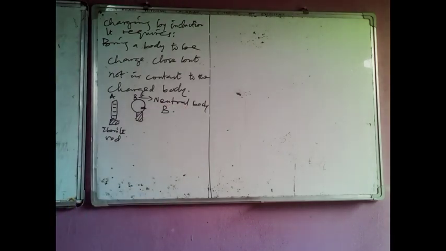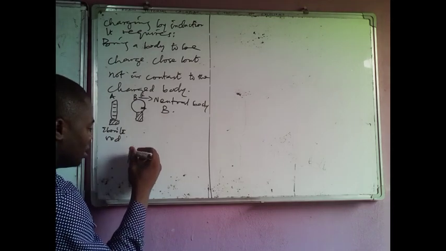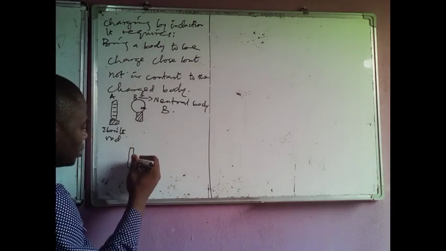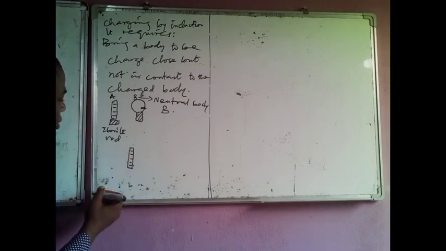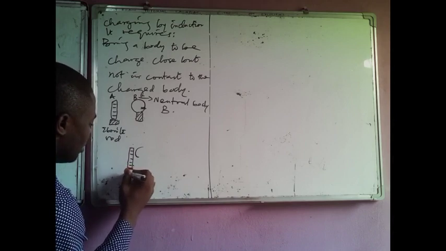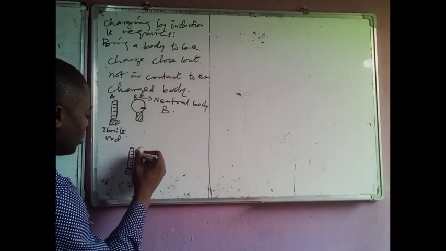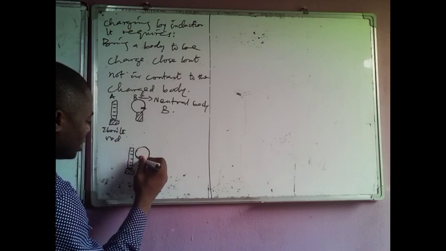So we want to charge this by induction. It simply means bringing this body close but not in contact. Look at this. You bring it close. This is your ebonite, which I have put on an insulator base, and you bring the body close but not in contact.